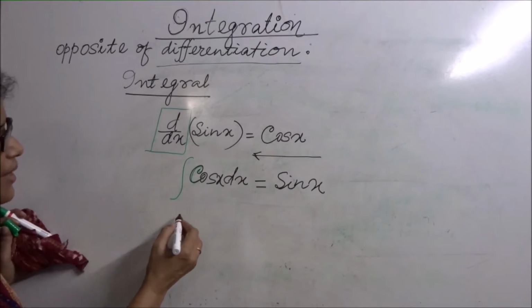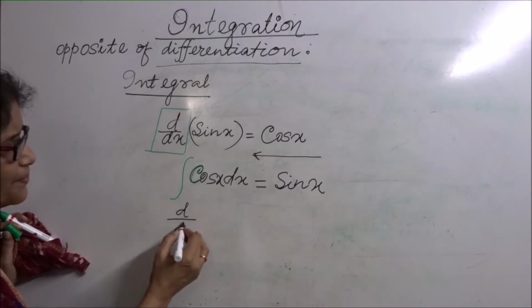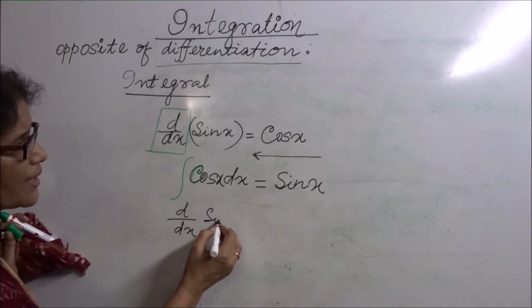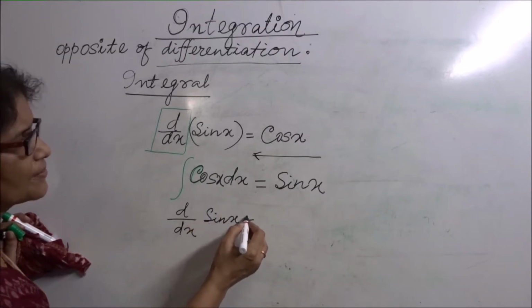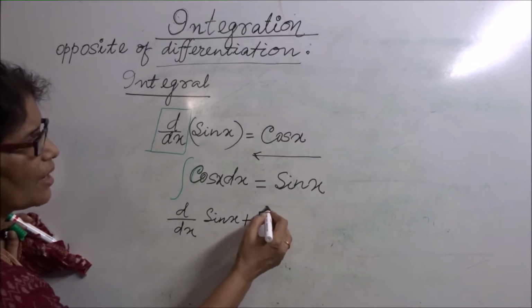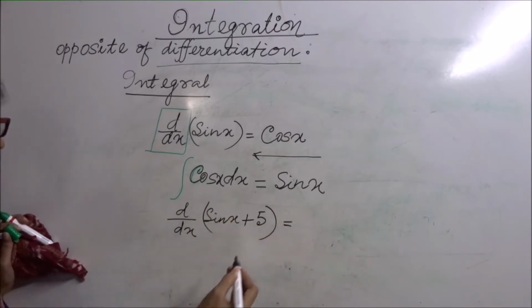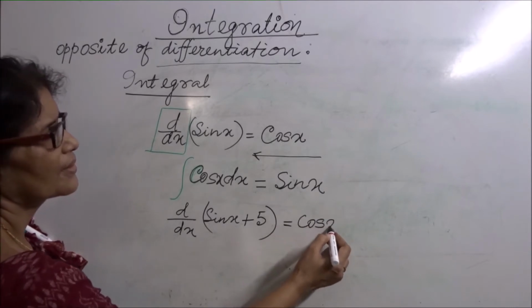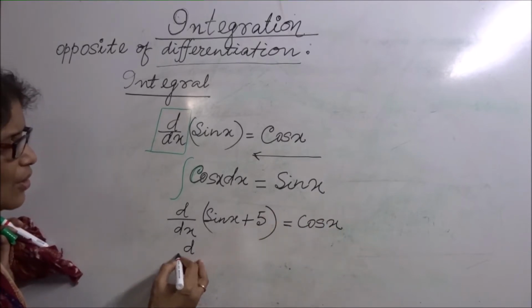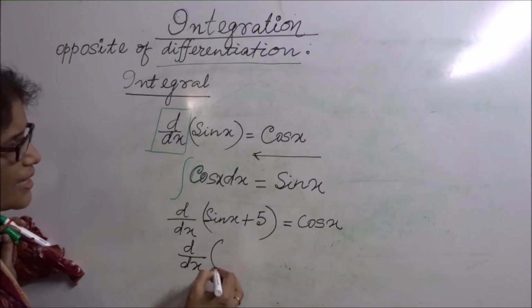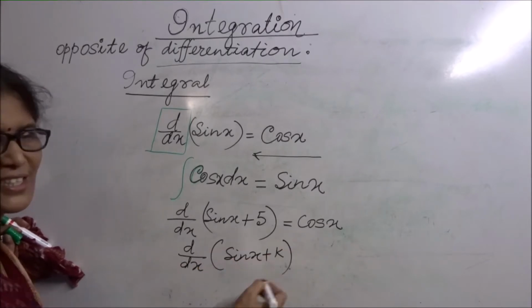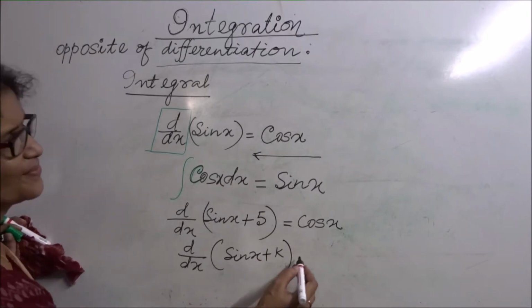Now again, if I write derivative of sin x plus c, or sin x plus 5, how much is it? It is cos x again. Derivative of sin x plus k, how much is this? Again this is cos x.